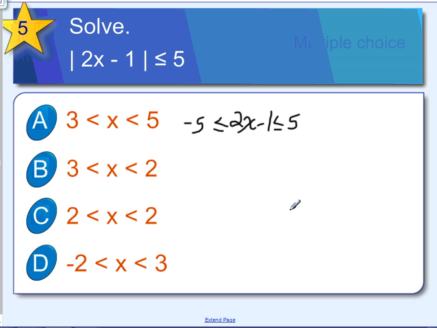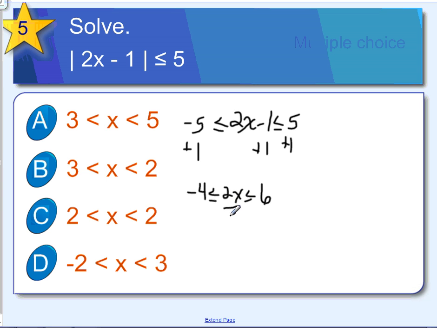Okay, split these two up. I'm just going to solve it with it sitting right here so I don't have to keep rewriting it. Add 1. I now have negative 4 is less than or equal to 2x, which is less than or equal to 6.